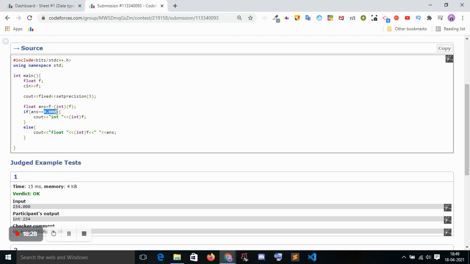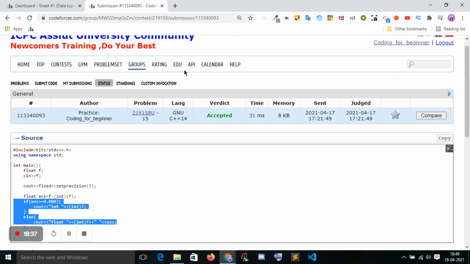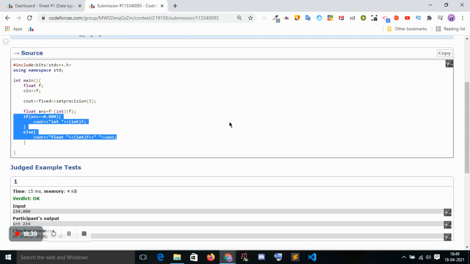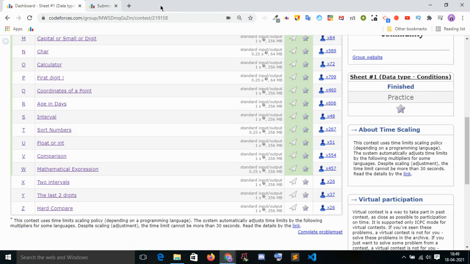If the answer equals 0.000, print int f. If it is not, print float f. Very simple, because float minus integer will give 0 point something. If the answer equals 0.000, that means it's an integer.